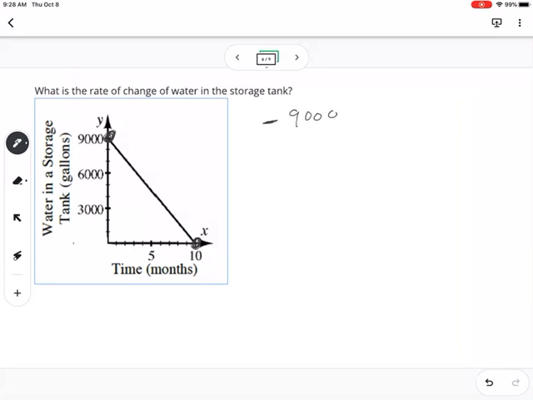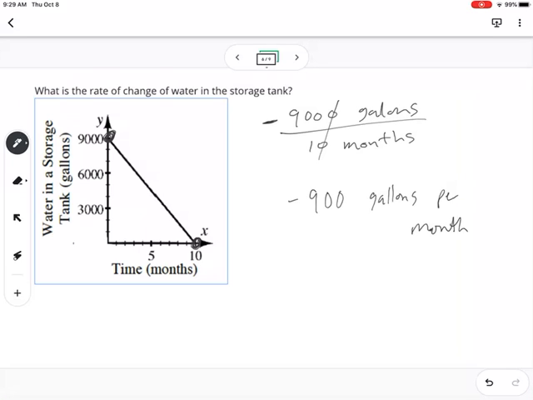So I'm going to use a negative for that. 9,000 gallons in 10 months. And the rate of change is going to be the unit rate generally. And this is an easy one you can divide. So this is negative 900 gallons per month.